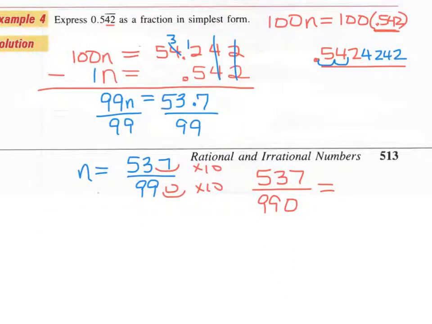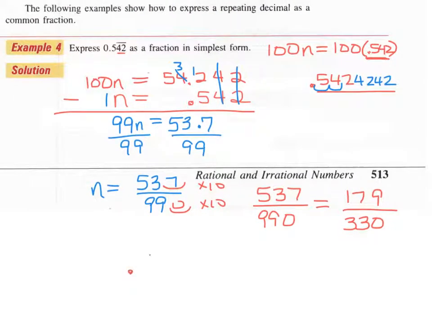I can divide them both by 3 and reduce it to 179 over 330. And that would be your fraction. So the fraction equivalent for 0.5 and then 4, 2 repeating is 179 over 330.